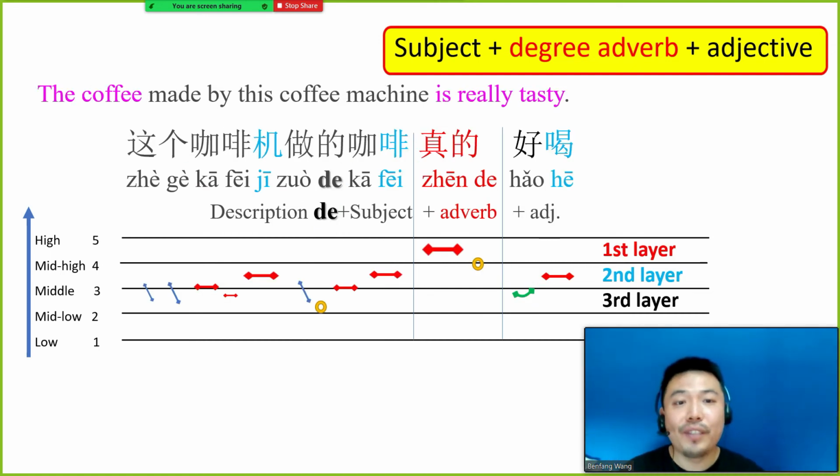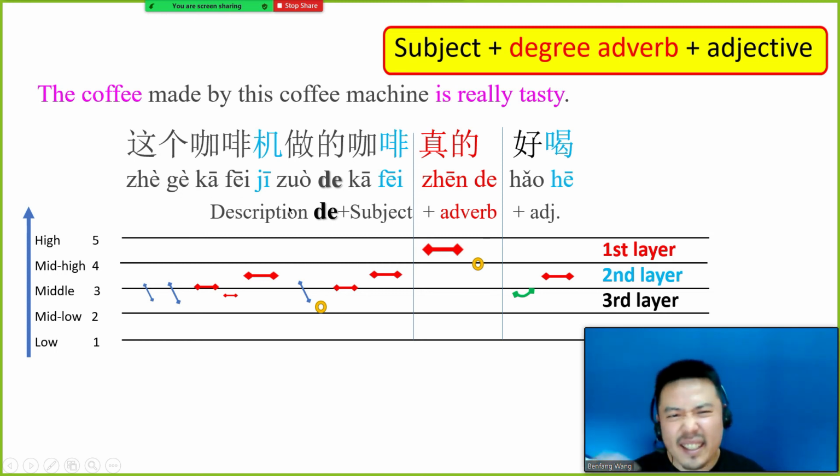The last example of today is the coffee made by this coffee machine is really tasty. 这个咖啡机做的咖啡真的好喝。So 真的, the degree adverb, first layer, and 啡 and 喝 are the last pinyin in their chunk, go to the second layer.